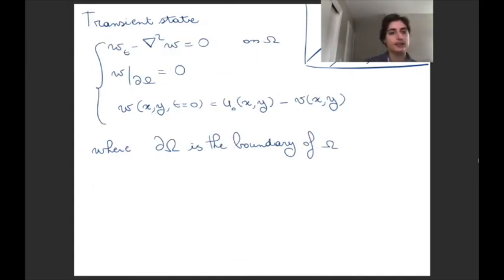So the transient state has to satisfy W_t minus nabla squared W equal to 0 on omega. W on the boundary is equal to 0, and W at time 0 is equal to our initial condition minus the steady state.